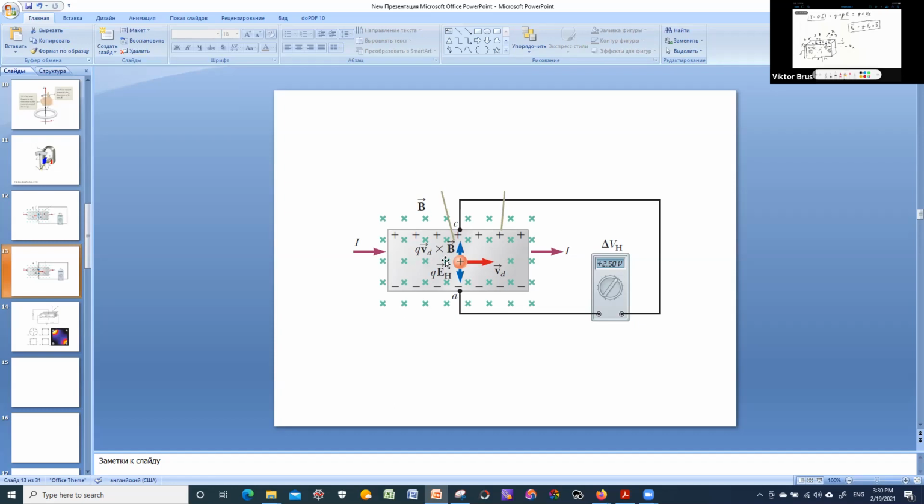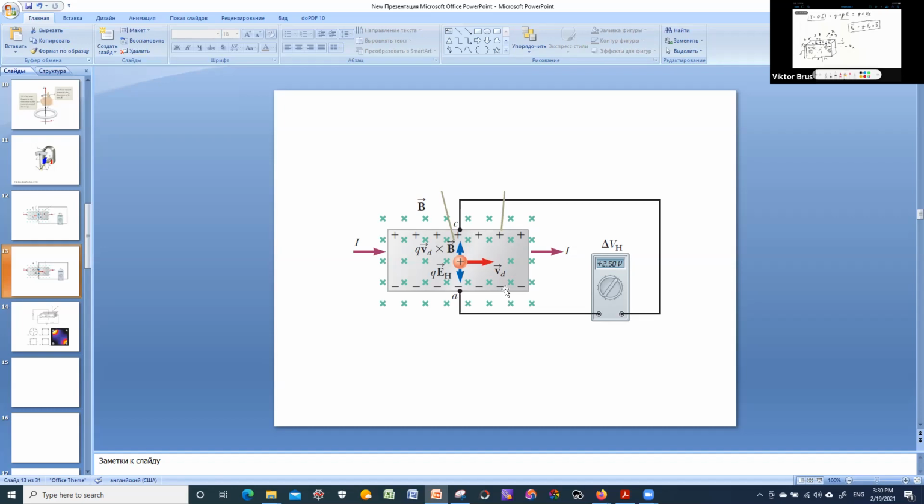In this case, holes, like positive charges, will be deflected towards the upper edge of the conductor, and in the vicinity of the lower edge of the semiconductor, we will have uncompensated negatively charged acceptor atoms, these impurity atoms which we add.